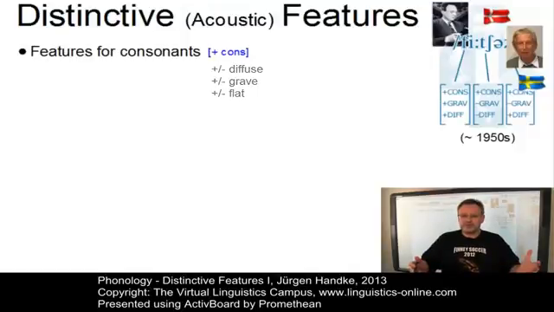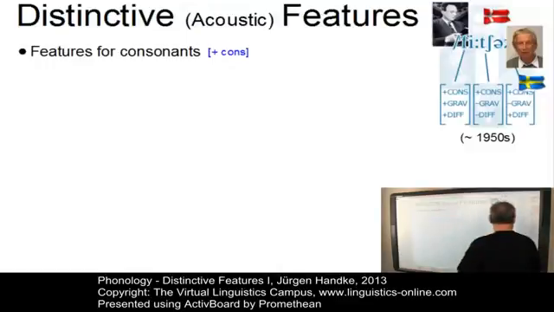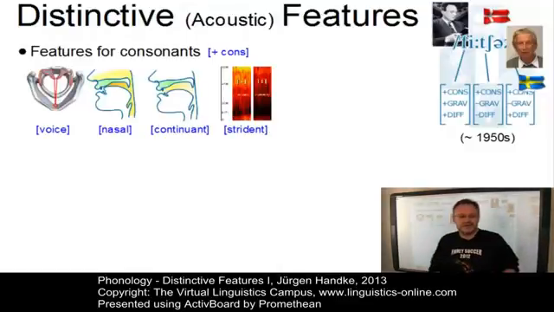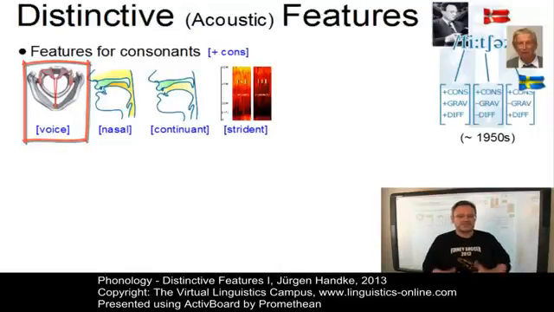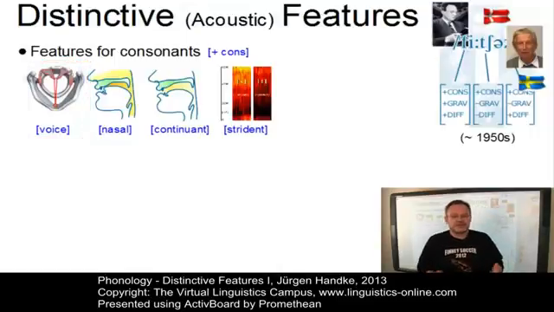They were also used for vowels, as we've just seen. Additional features were primarily articulatory in character. The feature voice correlates with vocal cord action. A speech sound is voiced and has the feature plus voice if the vocal cords vibrate. It has the feature minus voice if the glottis is open.